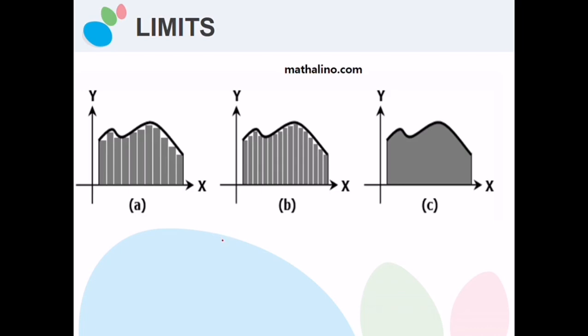As the number of rectangles increases, the sum of their areas will be close enough to the area in C. We can then say that the area of the region bounded by a curve is a limit of the sum of the areas of the approximating rectangles. I think this is applicable in integral calculus, so just take note of this application to areas.